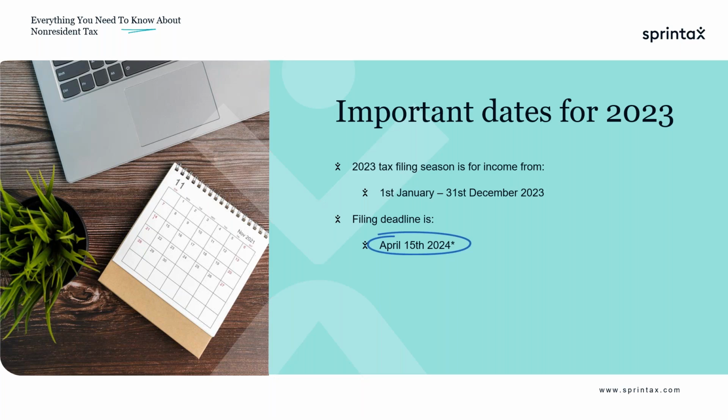Ultimately, we're looking to see if you might have over or perhaps underpaid tax to the IRS or to the state tax authorities. The very important date is the tax filing deadline, which stands at April 15th, 2024. So it's important to make sure that you're preparing and filing your taxes well ahead of the April deadline.